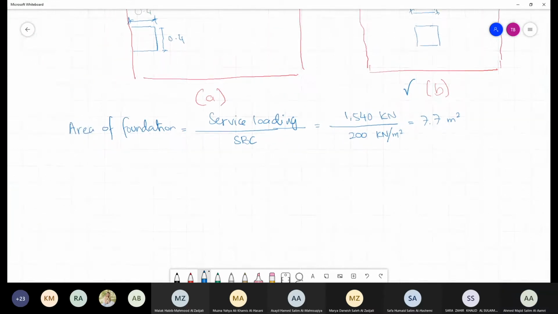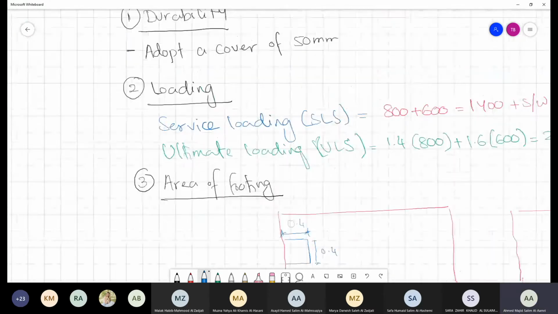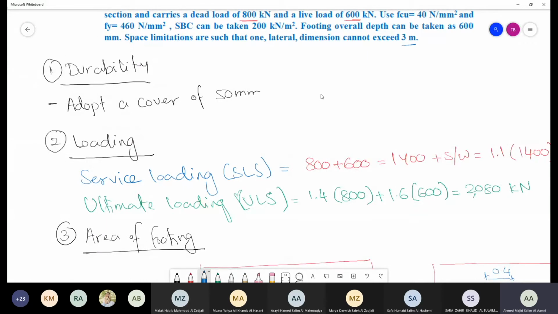Now we know that our area, if it's a rectangle, is a multiplication of width into length, or let's say dimension number 1 multiplied by dimension number 2. Now we know that our area is equal to 7.7. One of the dimensions has been given in the problem, that it should not exceed 3 meters.